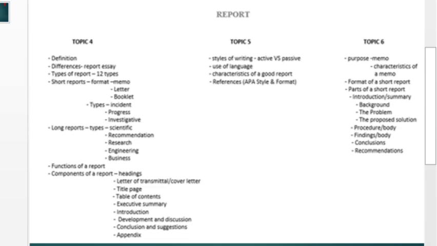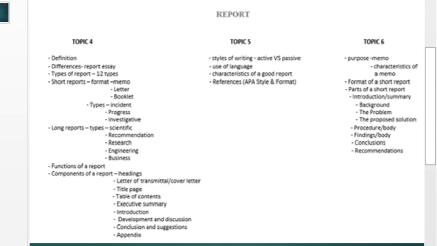Under report there are a lot of types: there can be a progress report, an investigative report, engineering reports, and they can be written in the form of a memo, a letter, or a booklet. It is a broad subject, but we share it with you part by part, so that everyone has a clear view of a report and what is under a report.